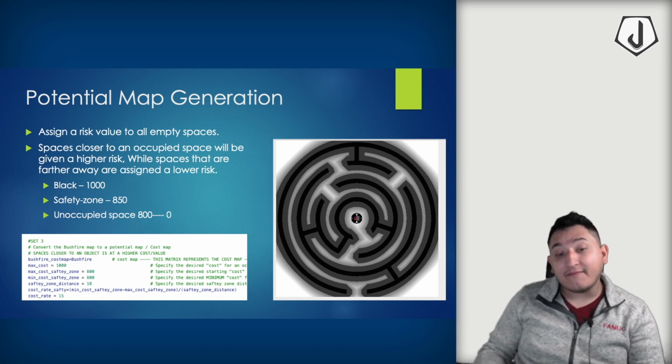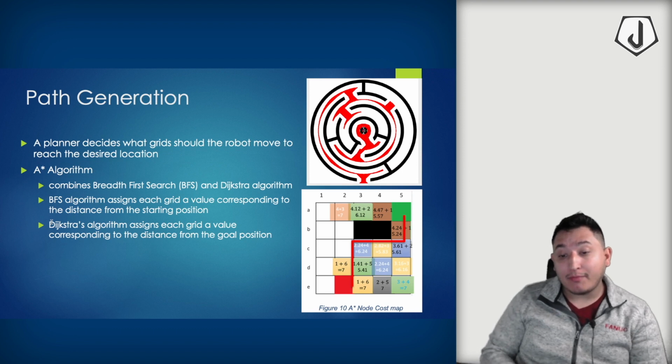Their risk value varies from 800 at its highest down to 0. We use a linear equation to assign the specific value depending on how far away each individual grid is from the occupied space. With our potential map done, we would then feed the information to our path planner.